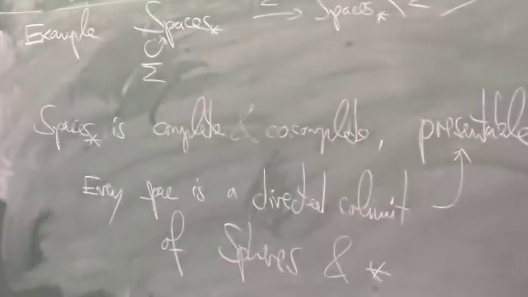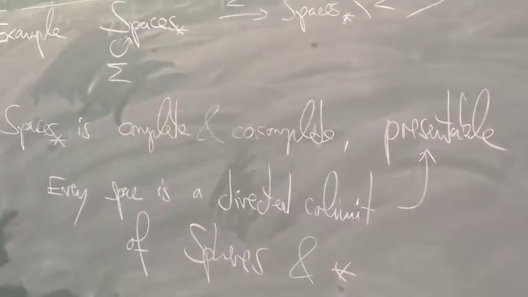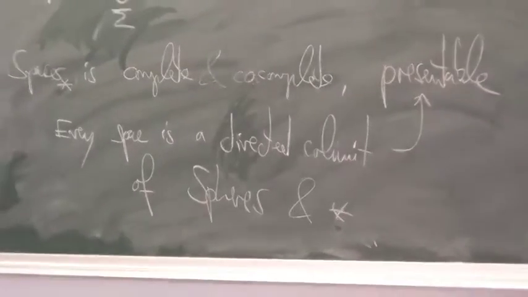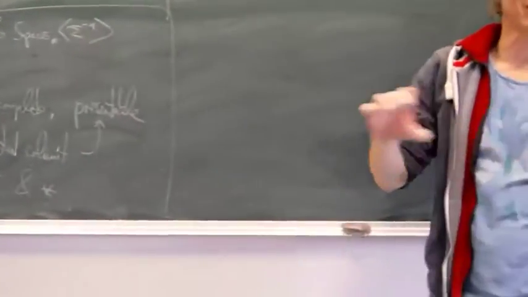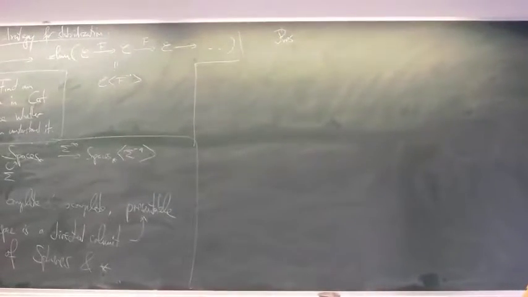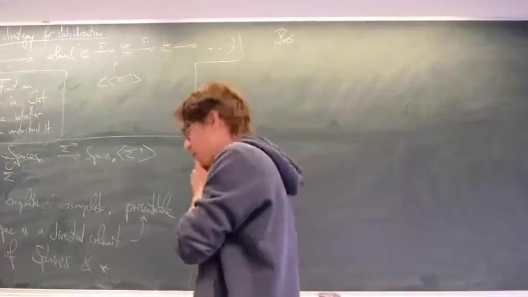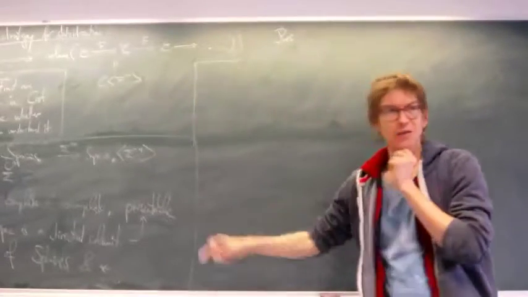There's a natural notion of functor between presentable categories. So there's something like an adjoint functor theorem for infinity categories. So if you have, let's say, a colimit preserving functor between presentable categories, then it always has a right adjoint.